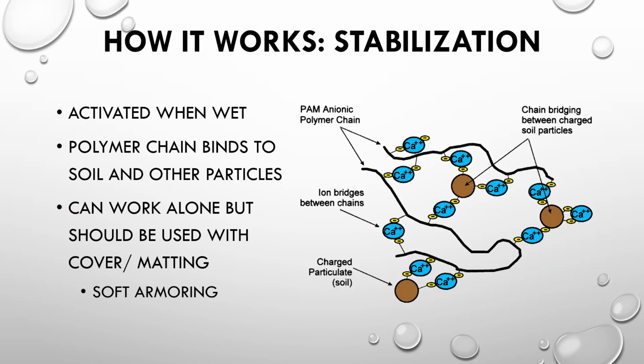How the polymer works, again, it's activated when it's wet. It's kind of like a ball of yarn. This long polymer chain unwinds. It has many charge points along the chain that are able to bind to particulate. If we're using it for erosion control, that long polymer chain is binding those soil particles on the soil surface so it doesn't run off during rain events, so it helps with erosion.